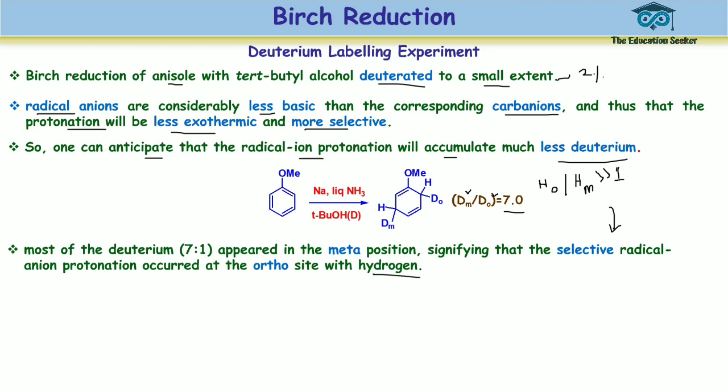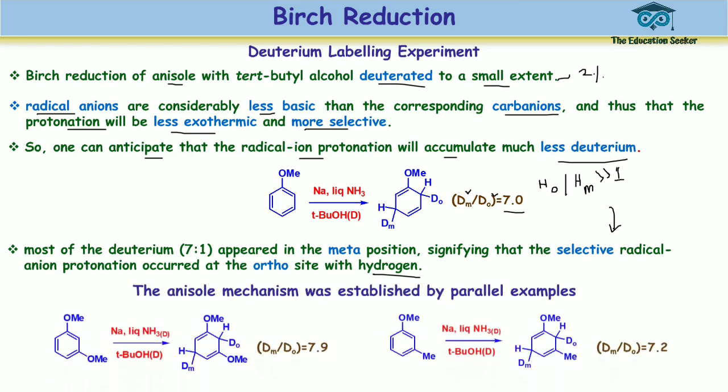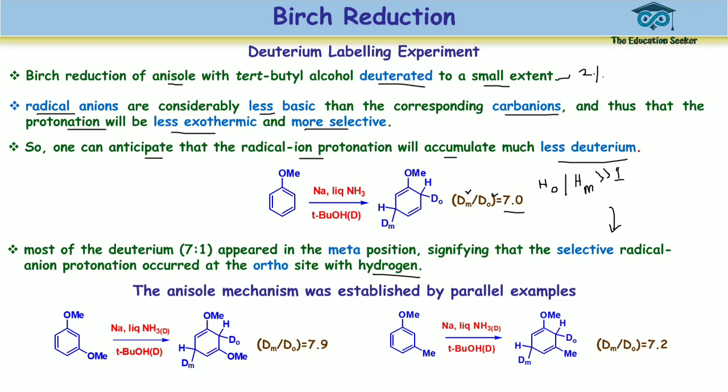So this experiment provides supporting evidence that the anisole reaction follows ortho protonation, and this was established by parallel examples. Here are two examples, and in both cases you can see that dm by d0 is much greater than 1. So finally you can conclude that the anisole reaction follows the Zimmermann mechanism, and ortho protonation is energetically more preferable.